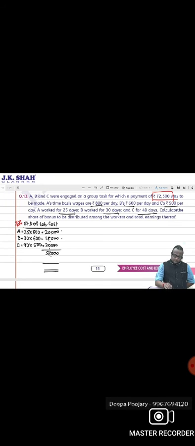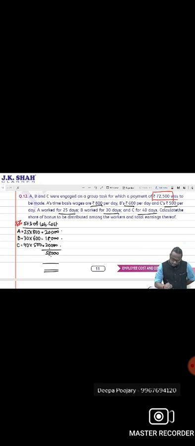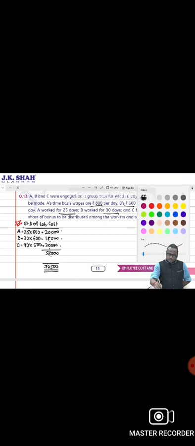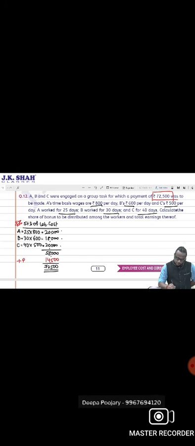So they are supposed to get 20,000, 18,000 and 20,000. So total should have been 58,000. They have been paid 72,500. That means the balance 14,500 must be the bonus figure. I hope you understood this part.